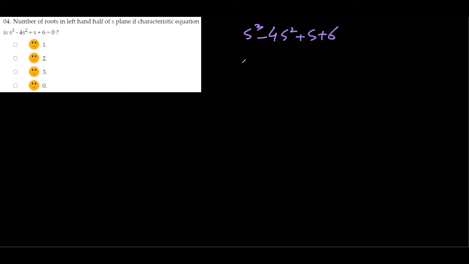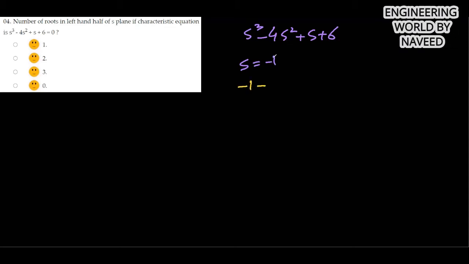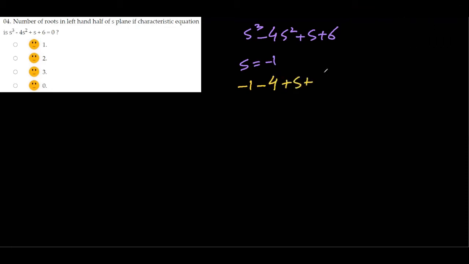Okay, so let's try if S is equal to minus 1. Then this will be minus 1, minus 1 square, that will be 4, so minus 4, plus S plus 6 equal to 0. So this will be minus 1, minus 4, minus 1, that is minus 6, plus 6 is equal to 0. 0 is equal to 0.